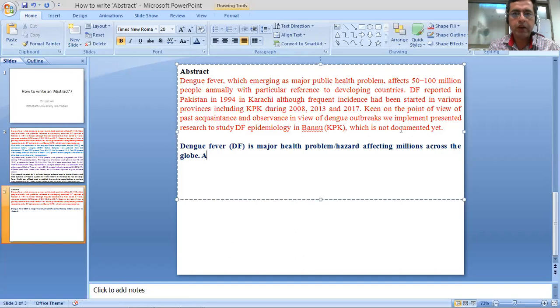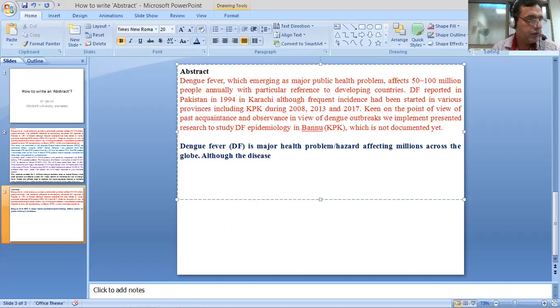So what would I write instead of these two sentences? I would just write, although the disease, when you write the disease, it means this particular disease, it's specifying dengue fever that you have described in the beginning.